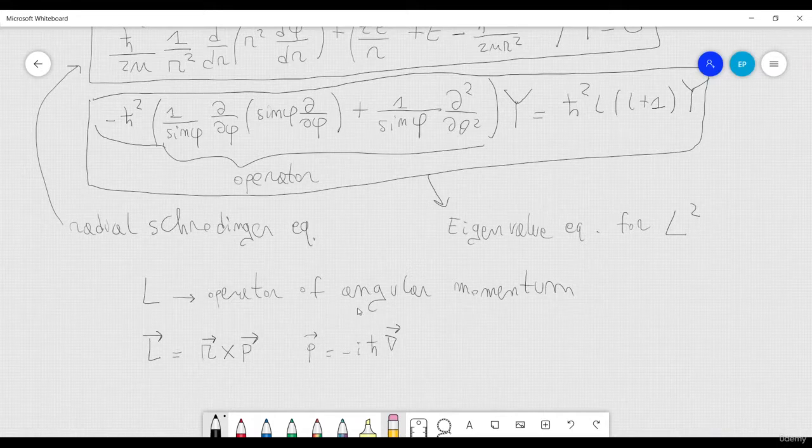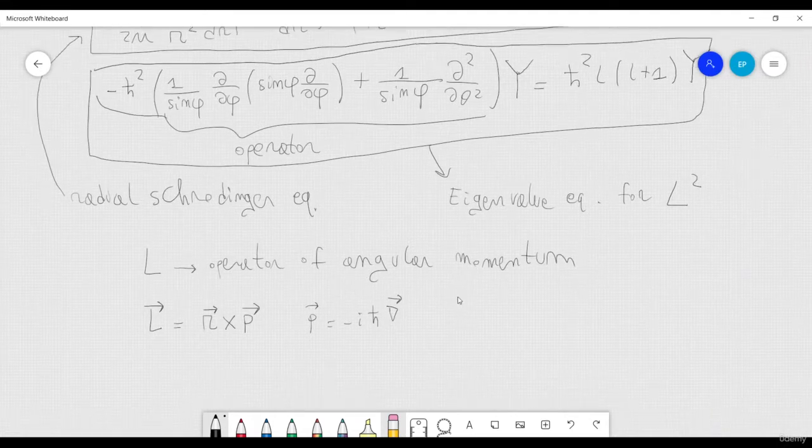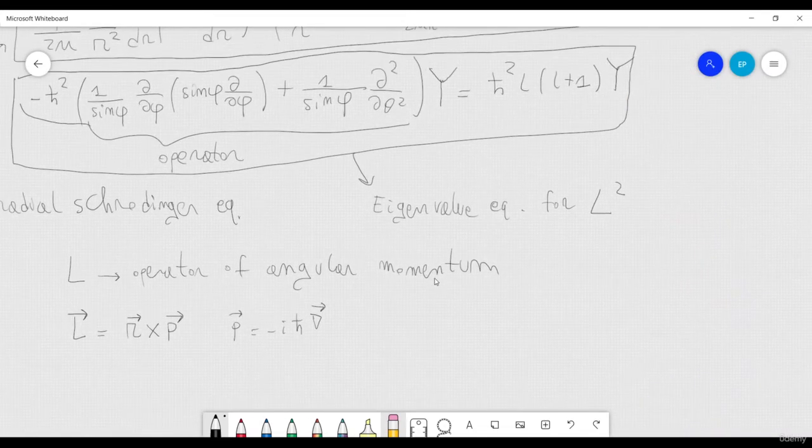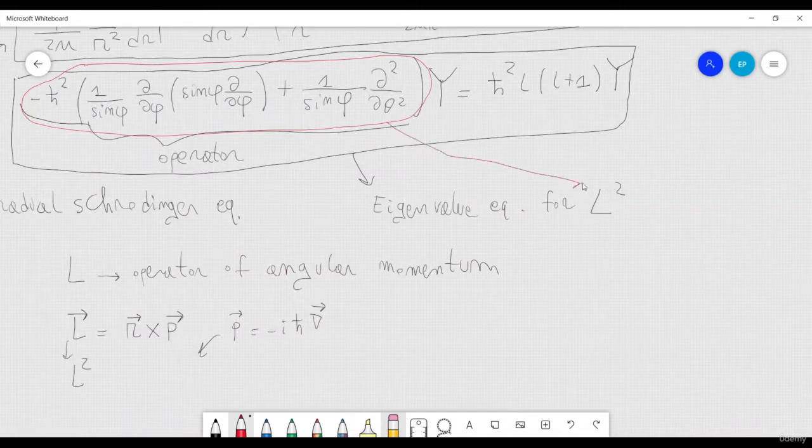And now if we go to spherical coordinates, or if you want you can call them polar coordinates, and you write the expression for L squared from here, you can find that this quantity above that I'm circling in red is exactly L squared.